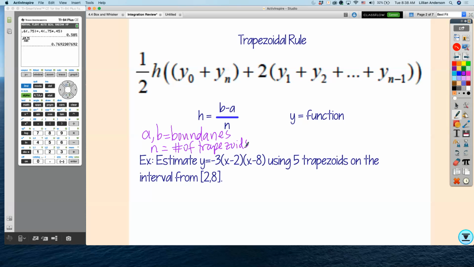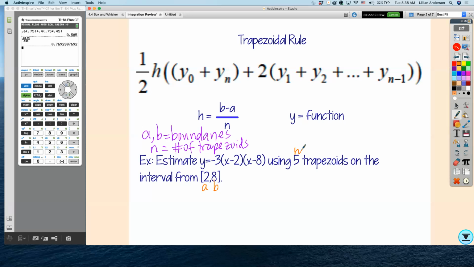So we're going to do this example here. It says estimate Y equals -3, X minus 2 times X minus 8 using 5 trapezoids on the interval from 2 to 8. Okay. So knowing that, you know that A is going to be 2 and B is going to be 8. And also that N is going to be 5 because that is the number of trapezoids that they want you to estimate the area for.